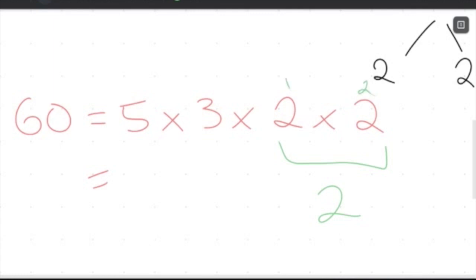And here we have 1, 2, so we write that as 2 squared. My other numbers remain, so this is like saying 5 times 3 times 2 squared. This is how I can decompose a number using my prime factor trees, which we've been doing up until now.